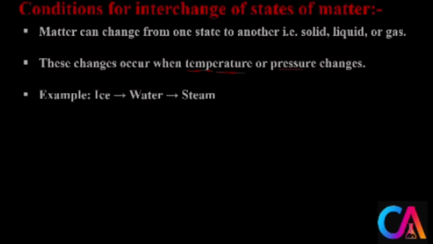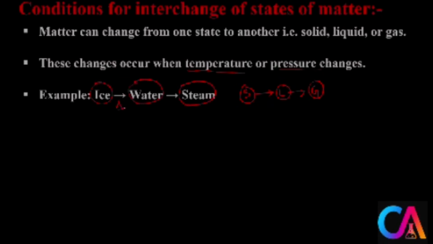Basically, the solid state goes to liquid state or gaseous state. This change of state is happening because of the variation of temperature and pressure. Clear? Example, ice is converting into water and water getting converted to steam.